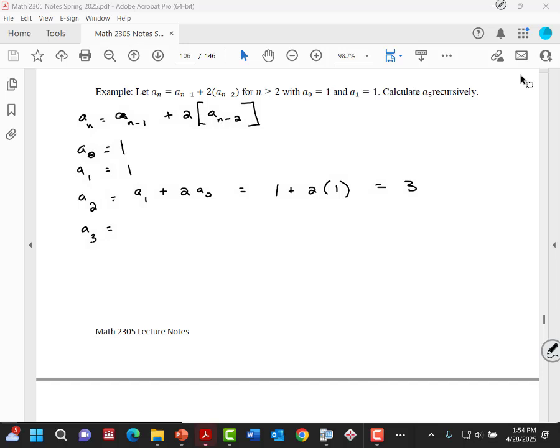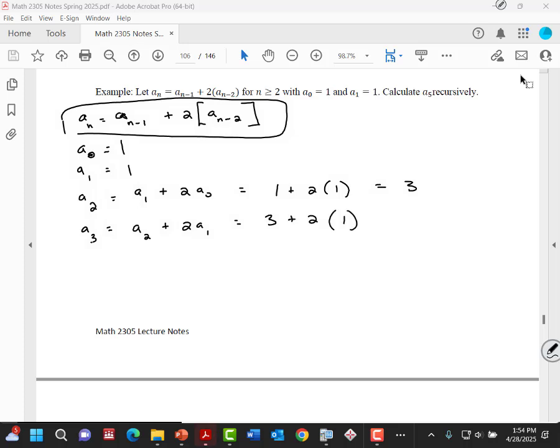A3, using this recursive definition, is equal to the prior term, A2, plus 2 times the term prior to that, that would be A1. So this would equal the term prior, A2, 3, plus 2 times A1. Well, what's A1? That's 1.